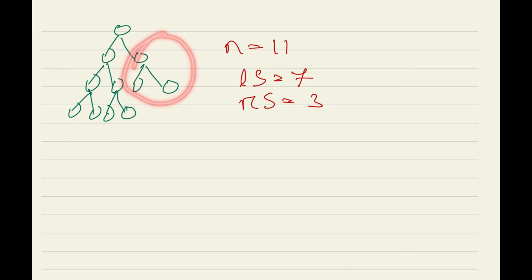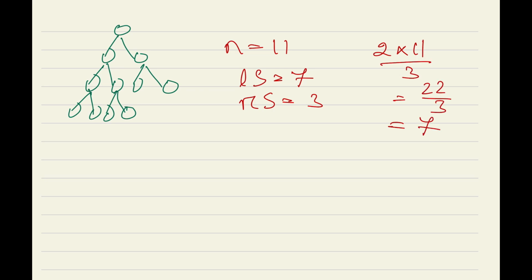So in the left subtree there are 7 nodes, and you can apply the formula 2 into n by 3, that is 2 into 11 by 3, so 22 by 3, which is 7 point something. We are ignoring the fractional part, so it is 7.